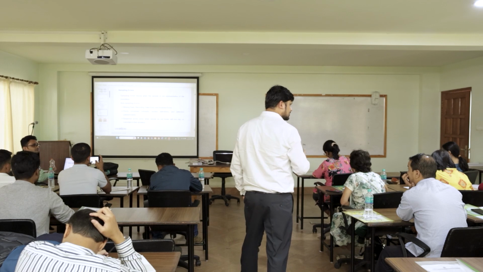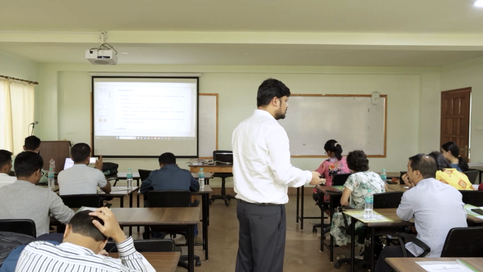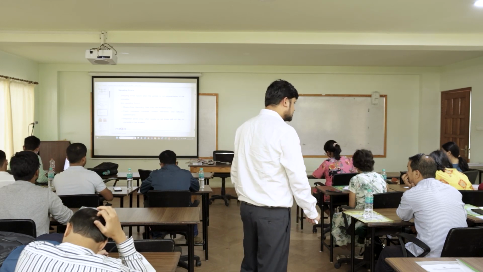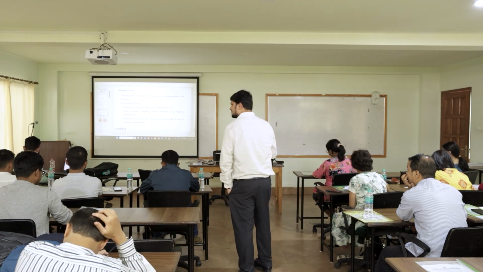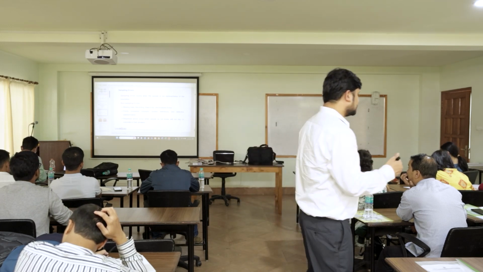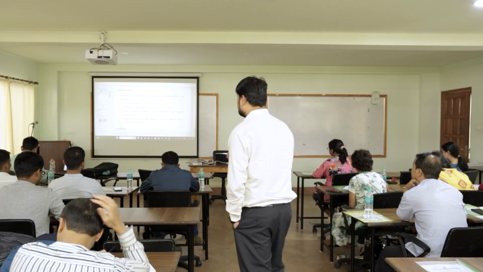Data entry error. Maybe I've requested you to share your age with me. You mentioned 35. I've entered 53. Okay, so that is a data entry error. That is not a sampling error. Analysis error. You were supposed to put a few things in the denominator. Instead, you put them in the numerator. Obviously, the value that you get at the end of the analysis is wrong.